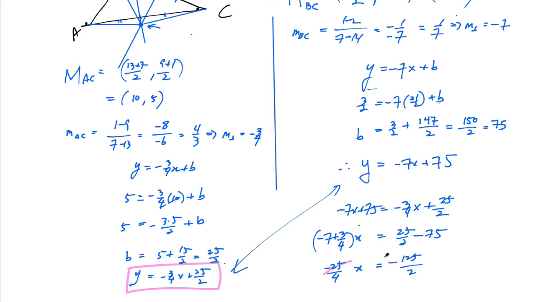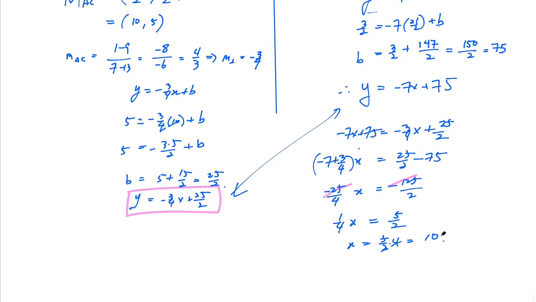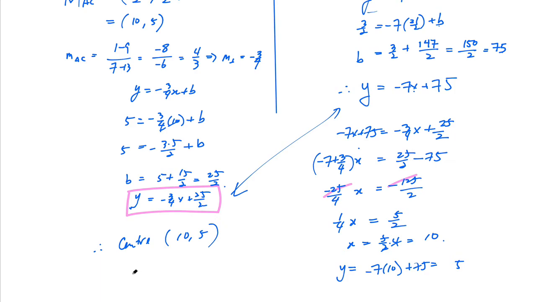And you can divide both sides by 20 minus 25. And x would be 5 over 2 times 4, so exactly 10. Then you can plug it in here to get the y-coordinate of the center of the circle. That's 5. So the center of the circle is 10 and 5. So the equation will look like this.